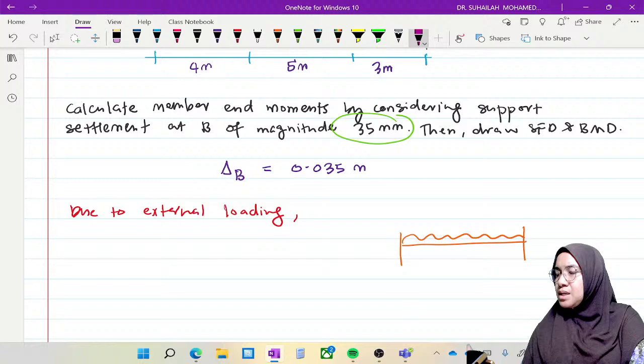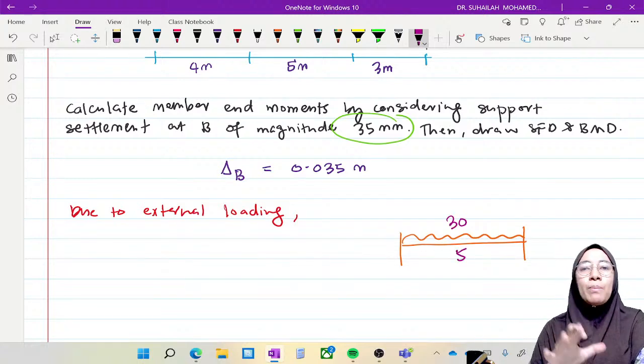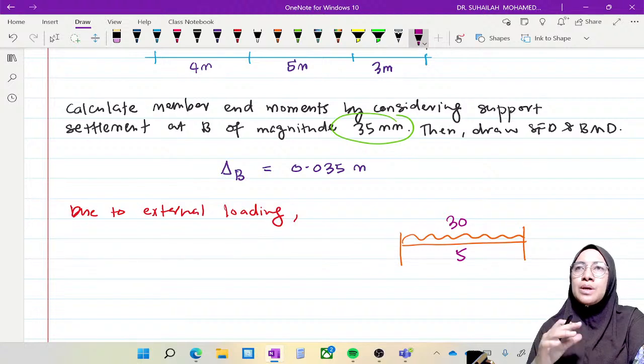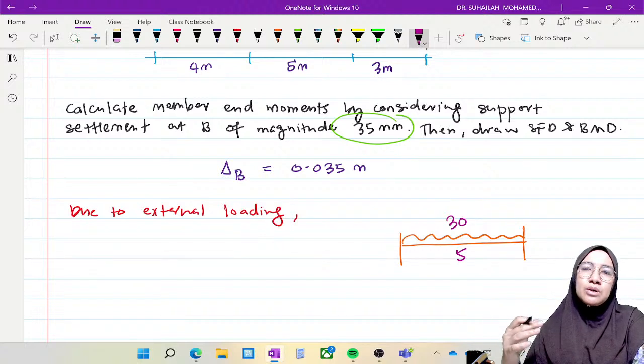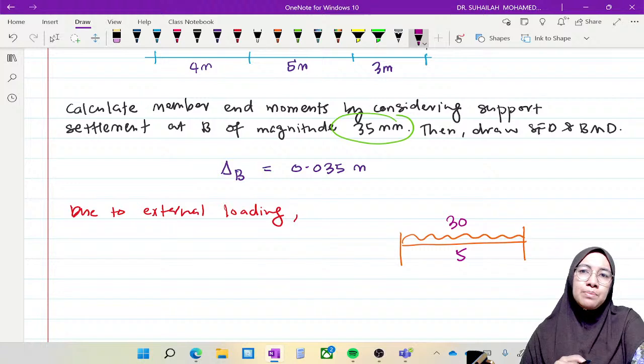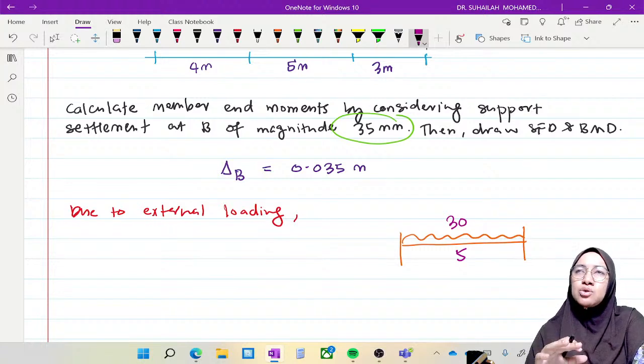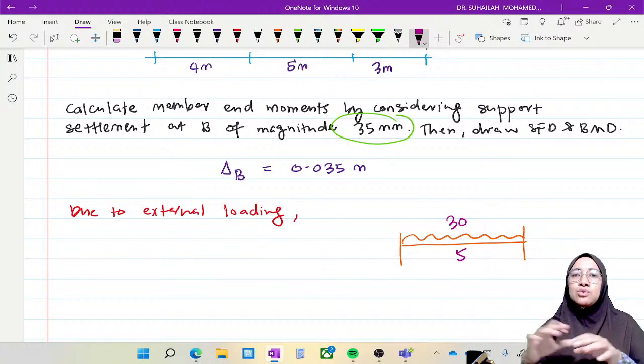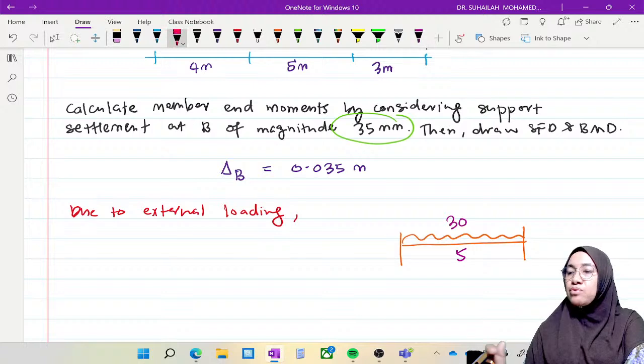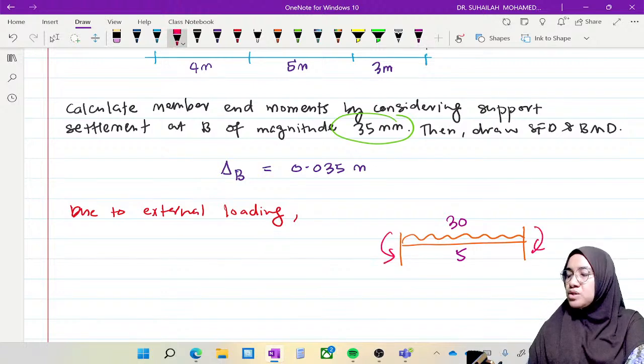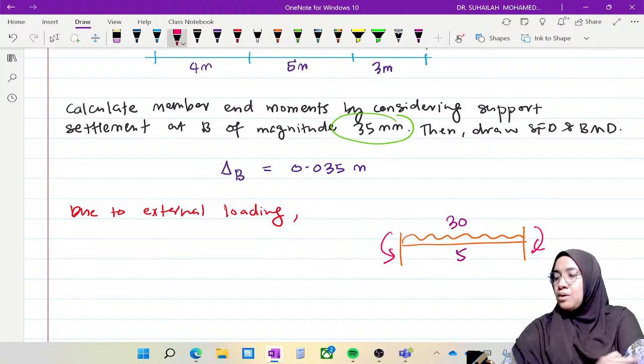The loading will make the member bend, so we have to apply moment in the opposite direction to push both ends back to the straight position.